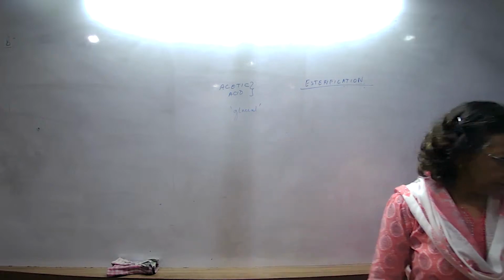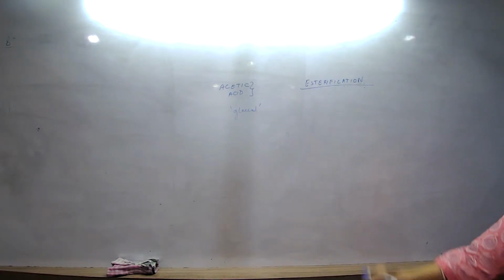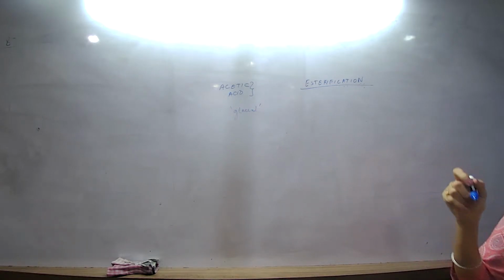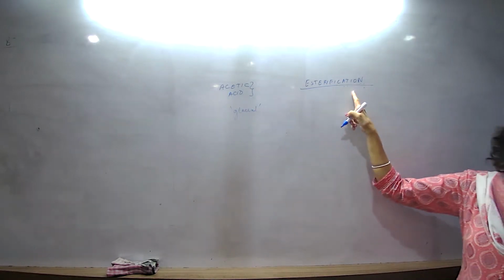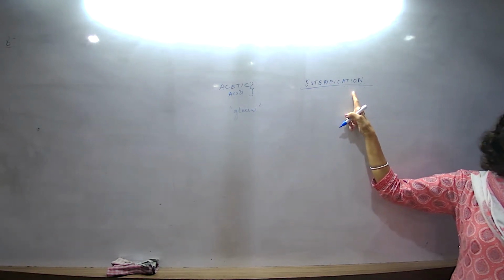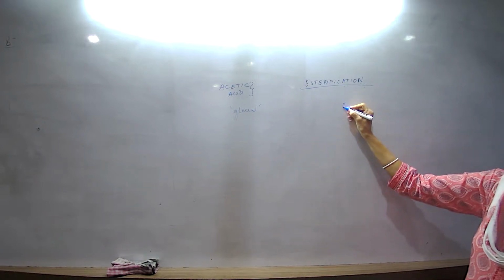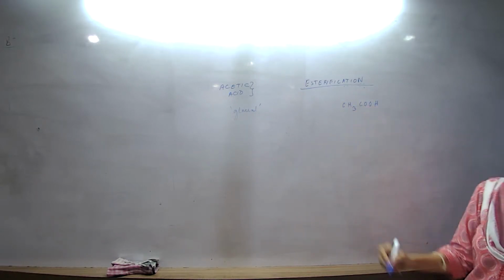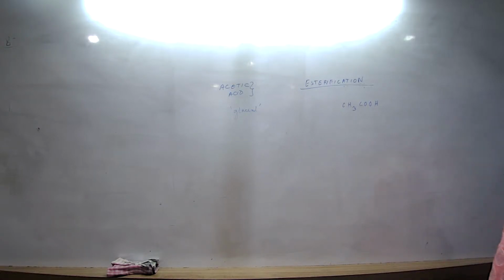And we have also started off with our chemical reactions. The first of the chemical reactions was esterification. So we have taken an acid. Look at the board, you will understand. What acid is this? This is your acetic acid.